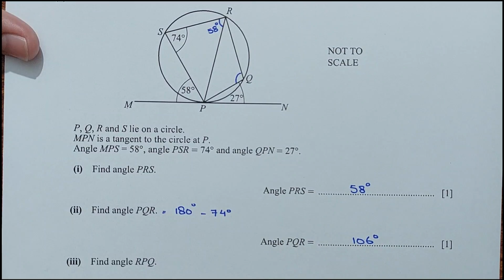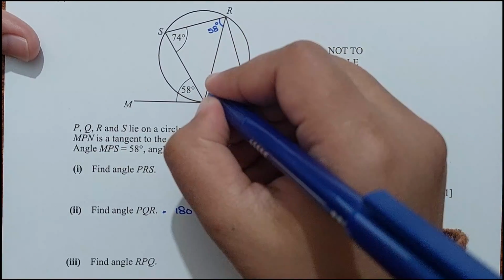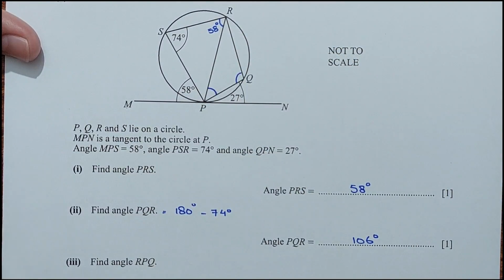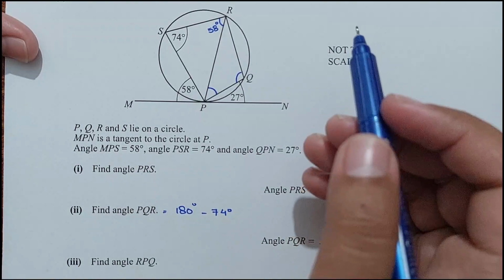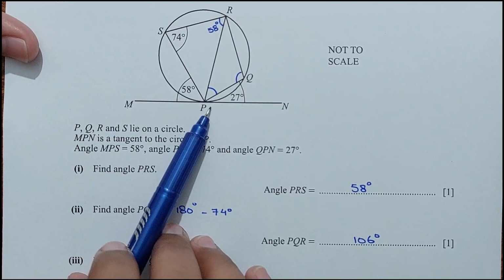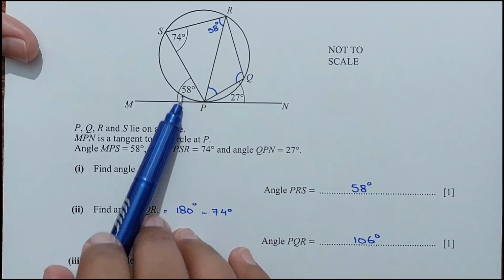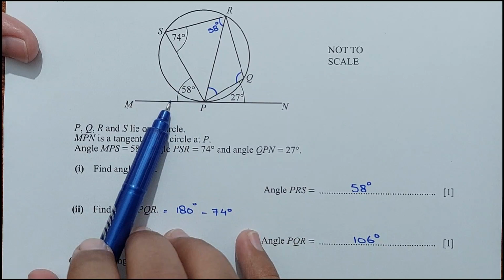Now for the third part, find angle RPQ. We have R, P, and Q. This angle we have to find, right? Here, as we can see, angles in the alternate segment are the same.